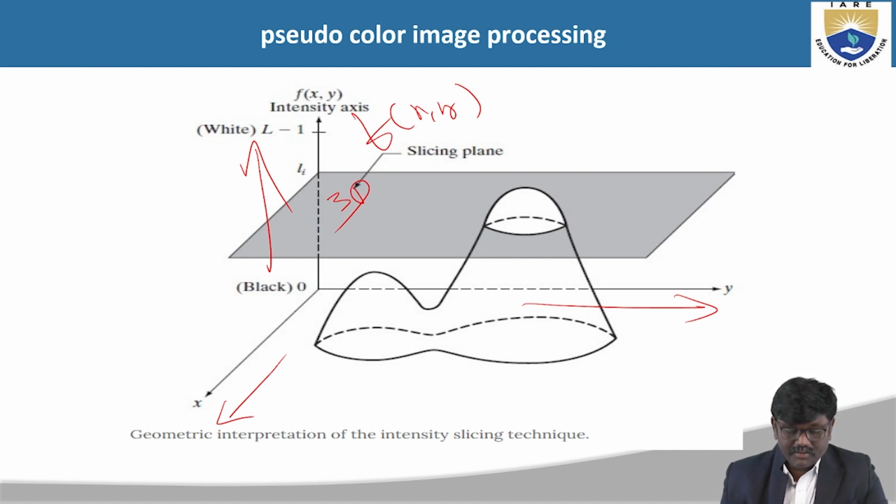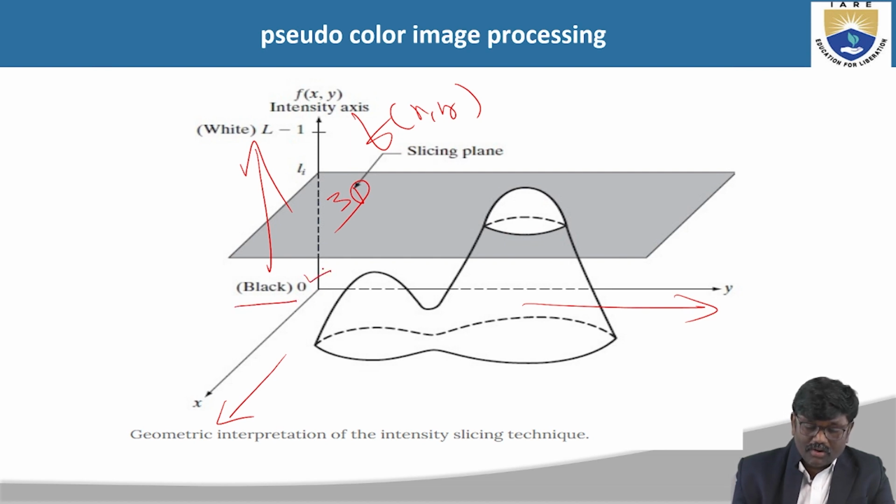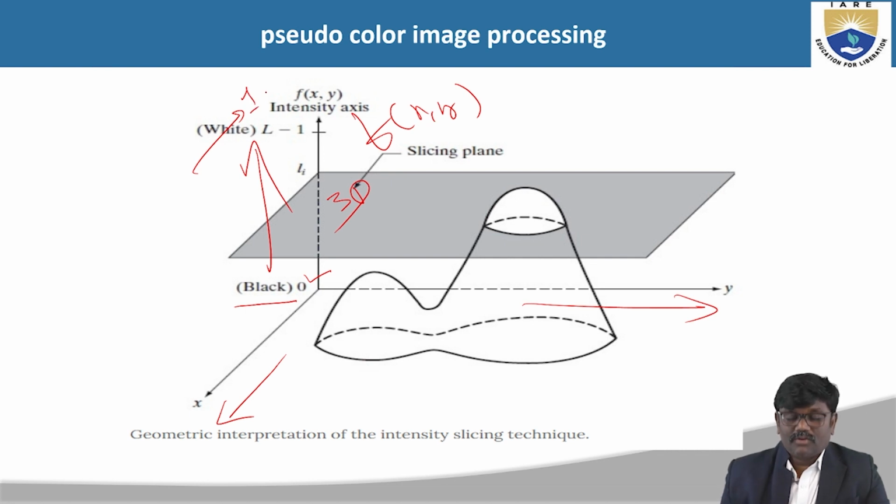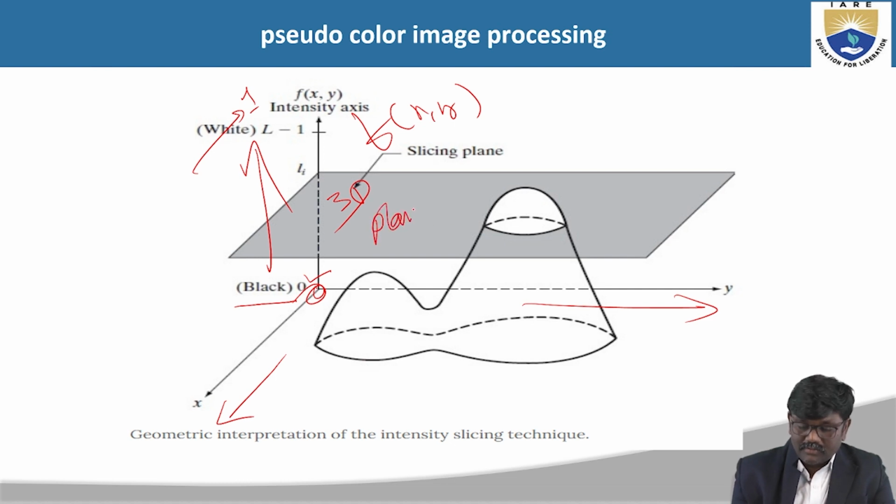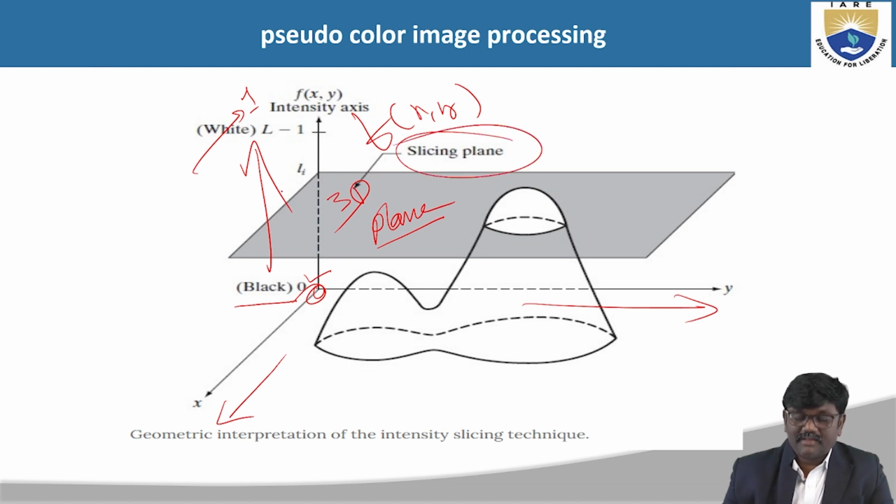Black and white processes: let us assume black is 0 and white is 1 in digital. This is the origin value 0, and from there you keep a slicing plane. This is the plane. You selected a slicing plane for the objective function of the image processing.